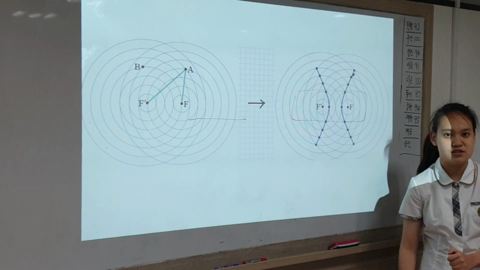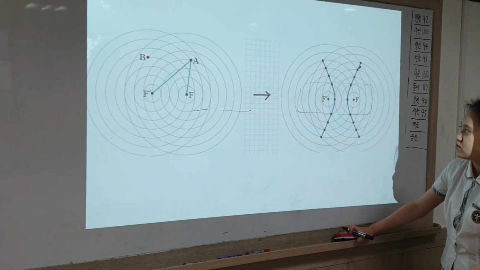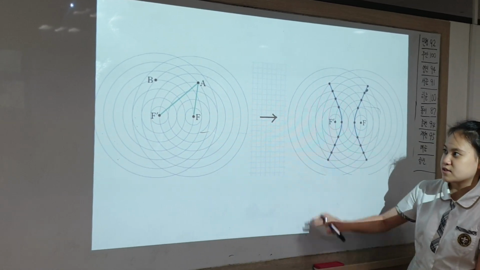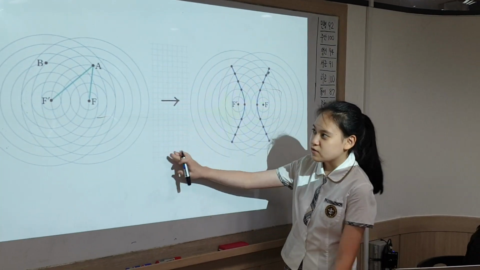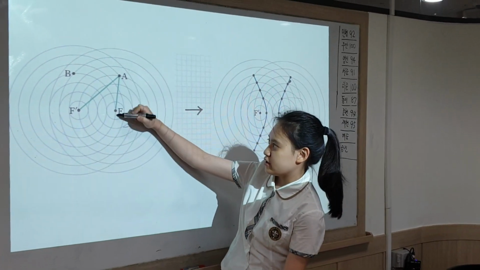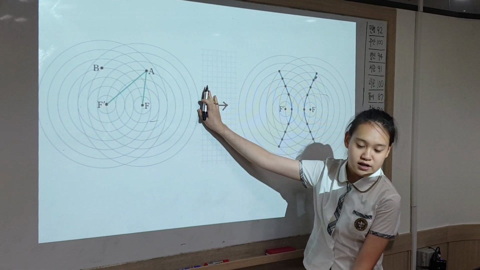To ease your understanding, I prepared two graphs here. First of all, let's see this graph. What we're going to do is find the distance from the point here to there and here to there, subtract them, and compare.